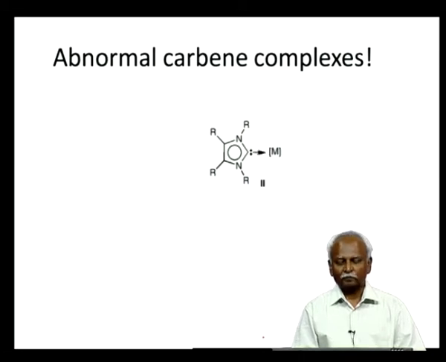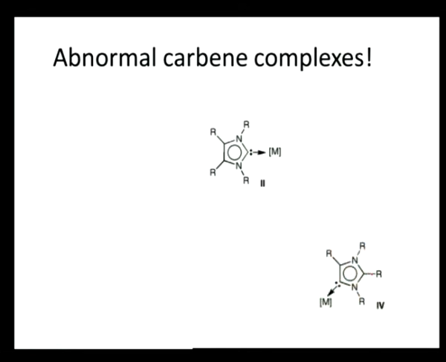Just imagine that you have, instead of the lone pair on the carbene carbon being situated between the two nitrogens, the lone pair situated on a second carbon. So, it is not this carbon between the nitrogens which is holding the pair of electrons, but let us assume that it is this carbon.